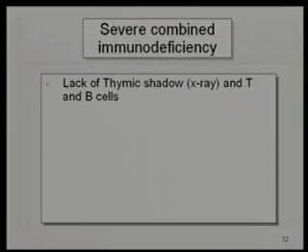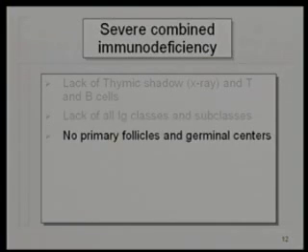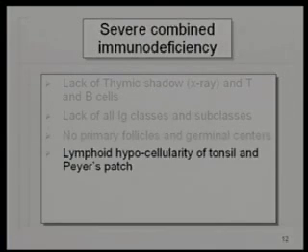There will be lack of T cells as well as B cells. So lymphoid organs, even secondary lymphoid organs, are going to be very poorly developed. And you will see in a little while some histological slides. There will be no immunoglobulins of any class or subclass because there are no B cells to start with, no primary follicles, and no germinal centers, which are a result of expansion and activation of lymphoid cells, B cells.